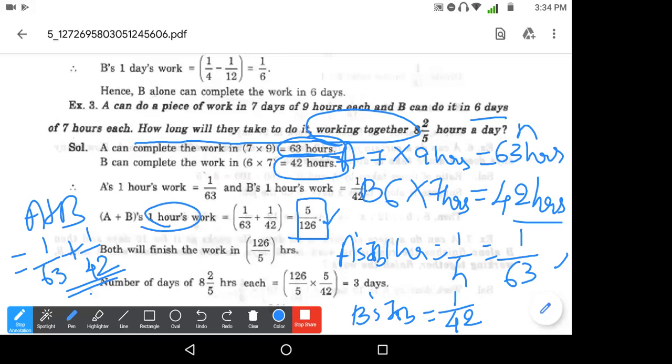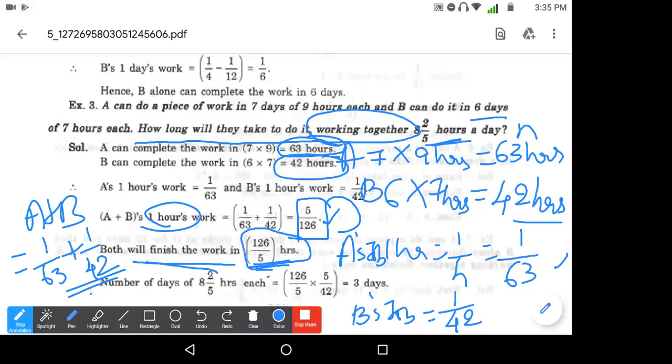Now let us take the total work. Now when it comes to total work, what did I say? You have to reverse the ratio. Correct? So when you reverse the ratio, it is going to become 126 by 5 hours. This 126 by 5 hours has to be considered with the question.